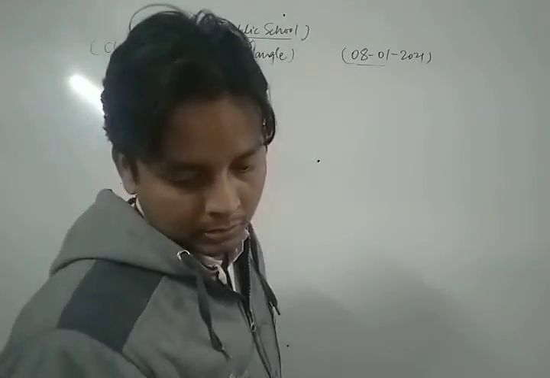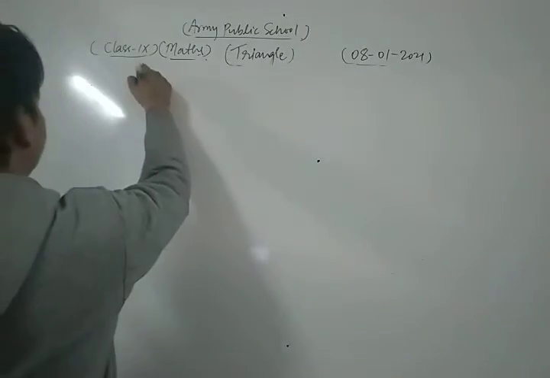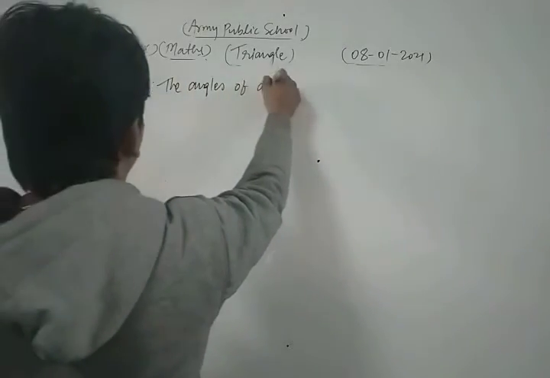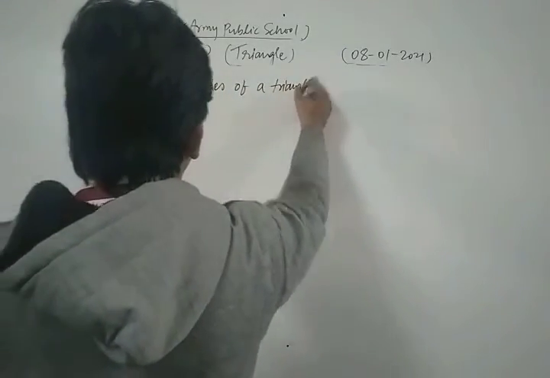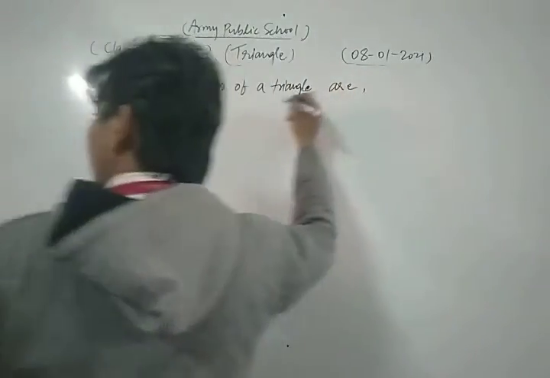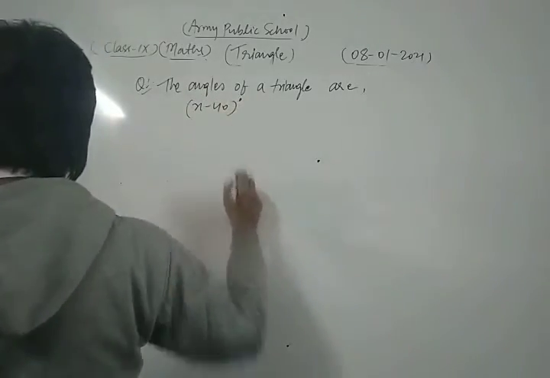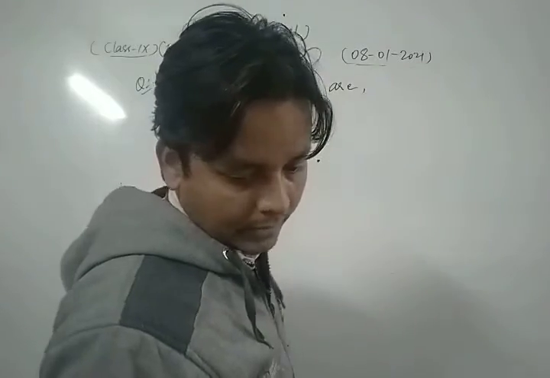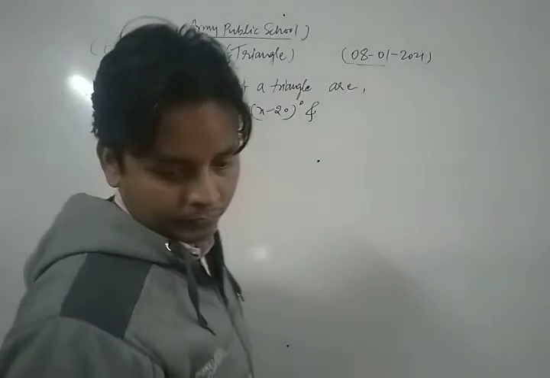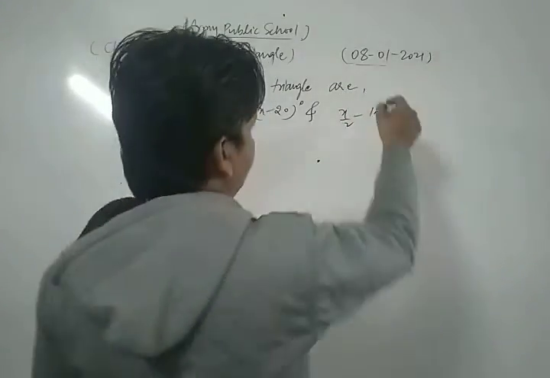Now we take one more question, dear friends. The angles of a triangle are x minus 40 degree, x minus 20 degree, and 1 upon 2 x, that is x by 2 minus 10 degree.